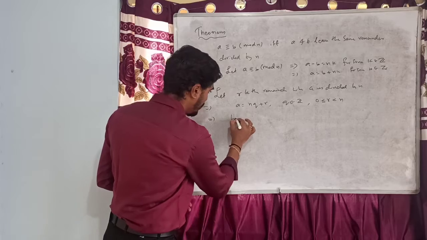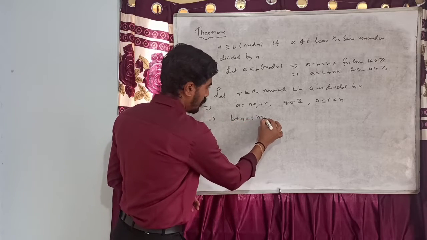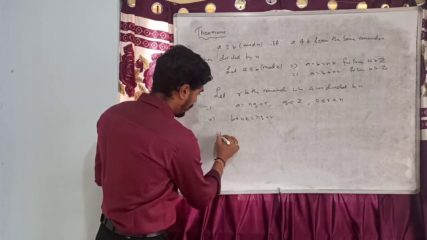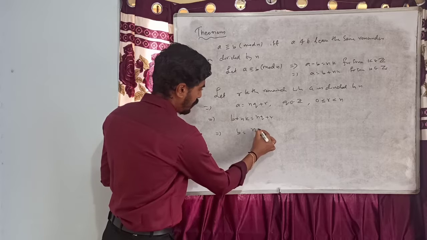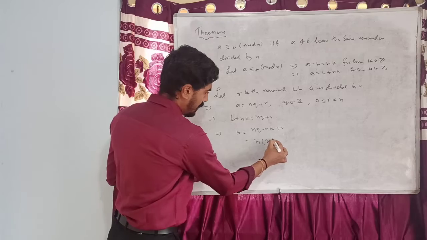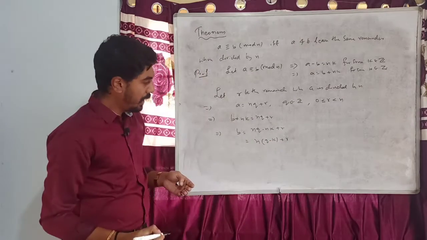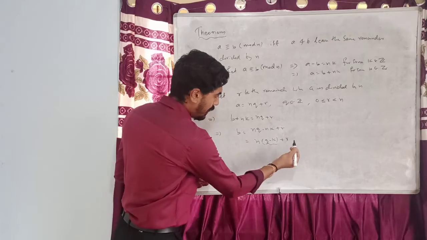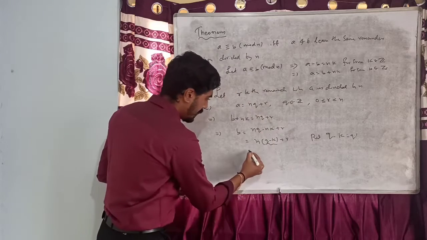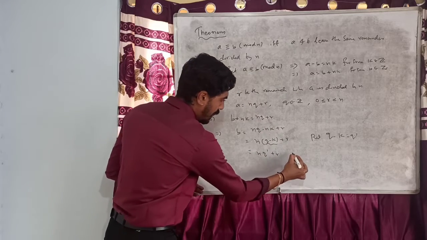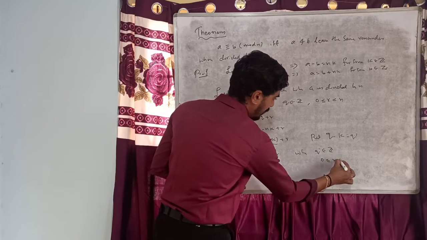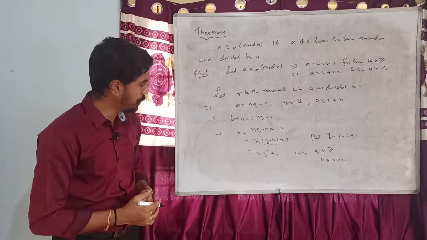So we get B plus Nk is equal to NQ plus R with the same condition. If I solve this, I get B is equal to NQ minus Nk plus R, or N into Q minus K plus R. If I put Q minus K as Q dash, I get N into Q dash plus R, where Q dash is an integer and R is less than N and greater than or equal to 0.